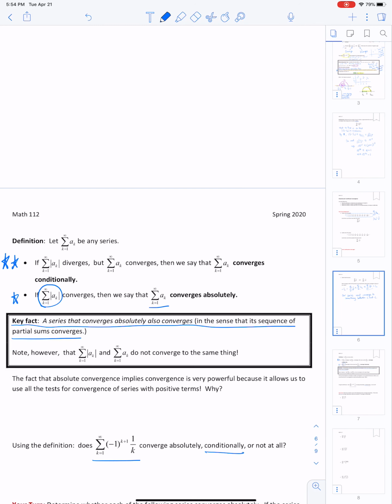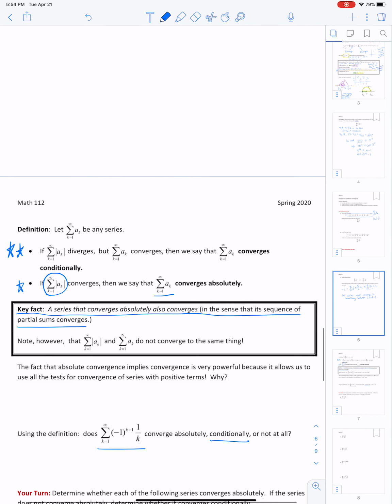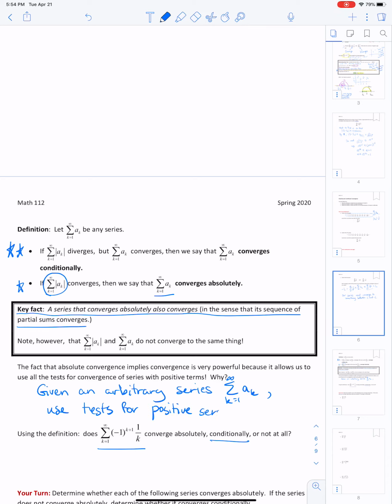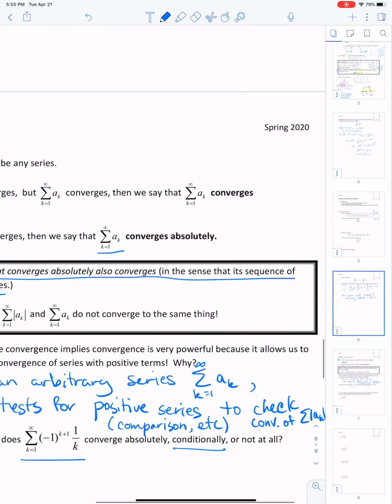So given an arbitrary series, the sum of a_k, you can use the tests for positive series, comparison, limit comparison, etc., to check the convergence of the sum of the absolute values of a_k.